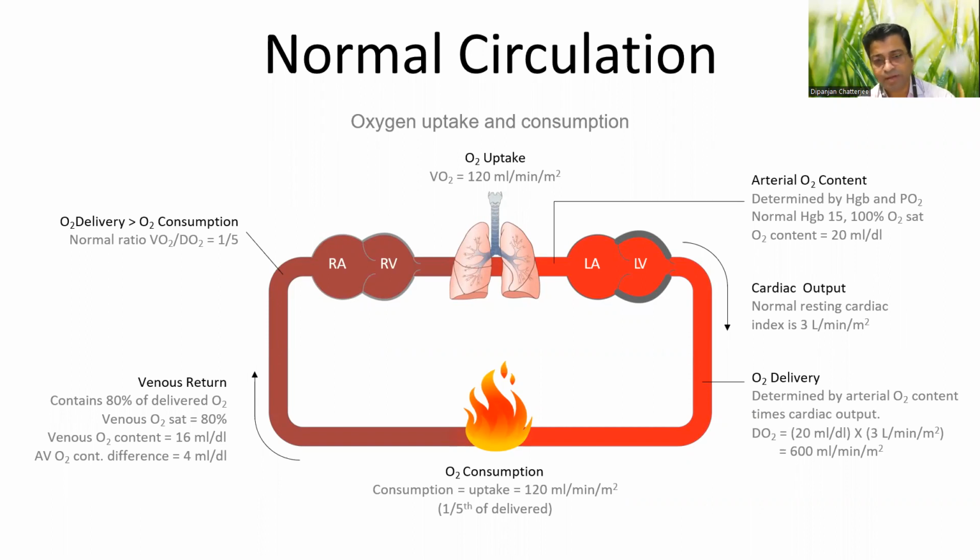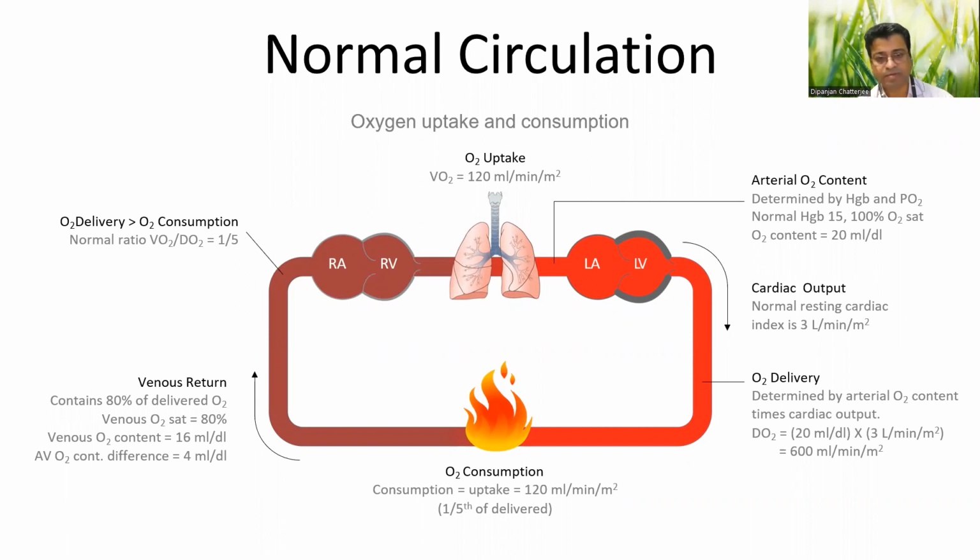But the requirement of our tissues is only around 120 ml per minute per meter square. So the cardiovascular system is delivering 5 times our tissue oxygen need.